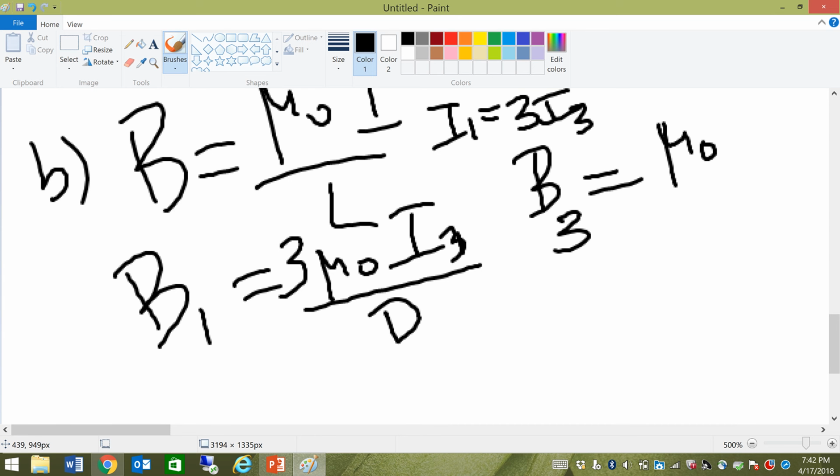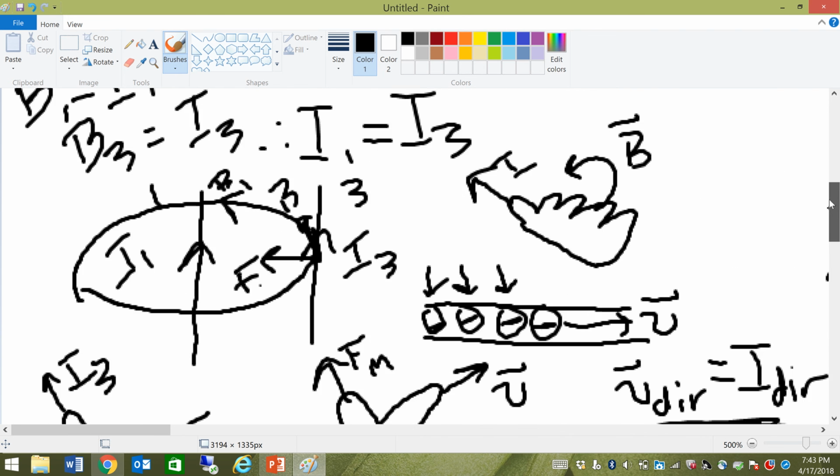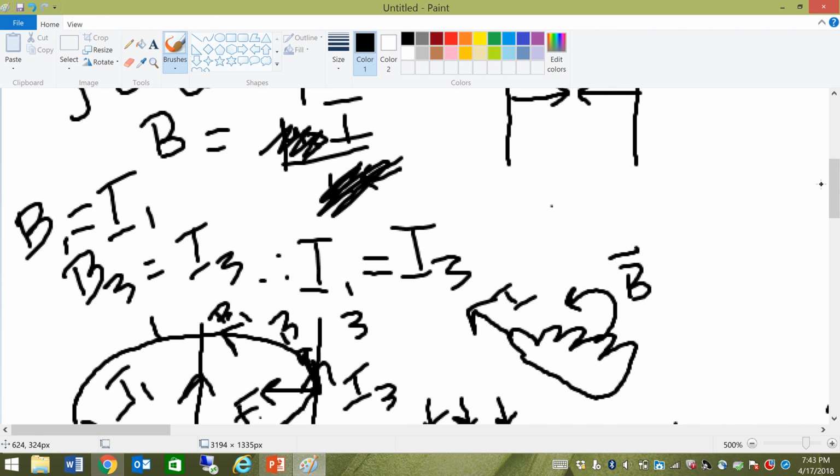So we just substitute that here. This is for B1. So 3 mu naught I3 divided by capital D, and B3 is equal to mu naught I3 over lowercase d. So all it's saying now is to make these equal, since B1 should be equal to B3 for a net force of 0, which we proved earlier. We proved that right here.